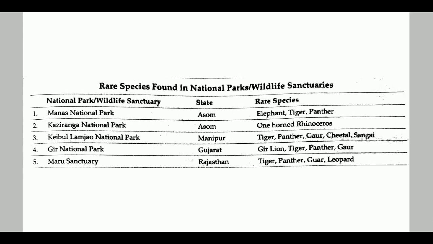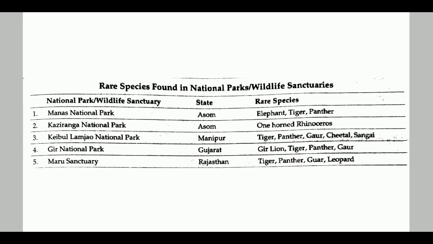It is also in Assam, and the rare species found here is the one-horned rhinoceros. Next is Keibul Lamjao National Park. It is the only floating national park. It is in the state of Manipur, and the rare species found here are tiger, panther, gaur, cheetah and sangai.